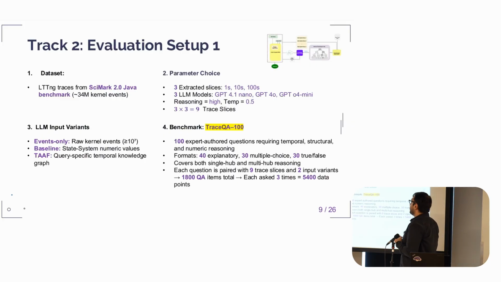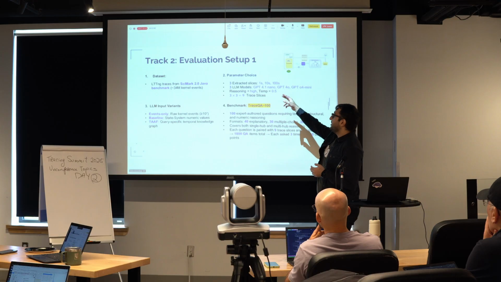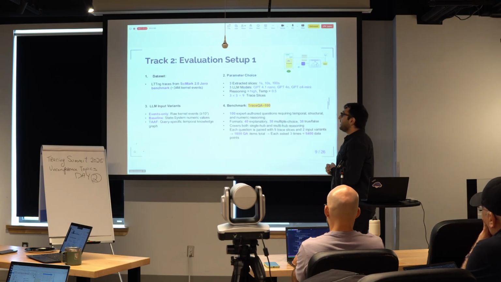We extract 3 different time windows from SciMark2 traces: 1 second of data, 10 seconds of data, and 100 seconds of data. We use 3 different large language models: GPT-4.1 nano, which is a small model according to OpenAI documentation, GPT-4o, and o4-mini, which is a reasoning model. So having 3 models and 3 time windows, we have 9 trace slices.